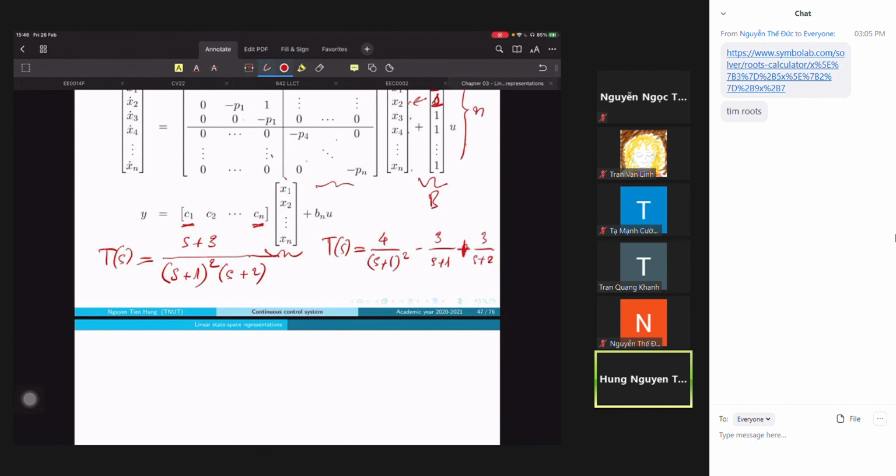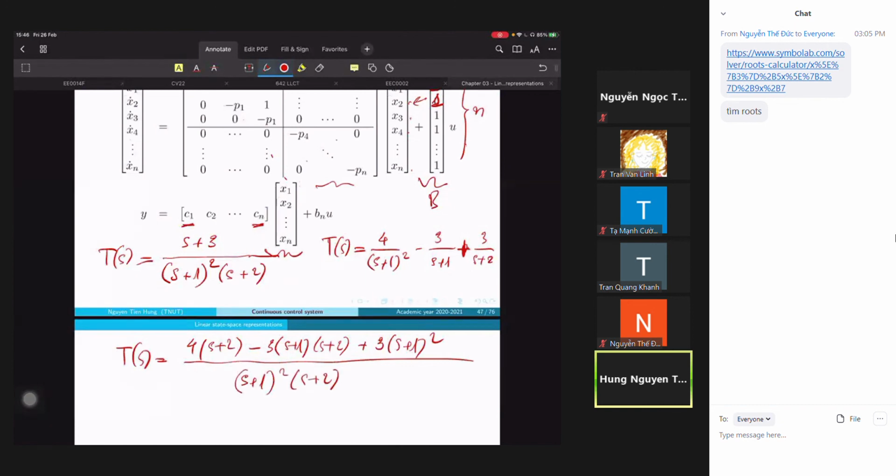Let me check again. It takes a little bit of time. If you check this, we get TS equals 4s plus 2 minus 3s plus 1, s plus 2, plus 3s plus 1 square, divided by s1 square s2.